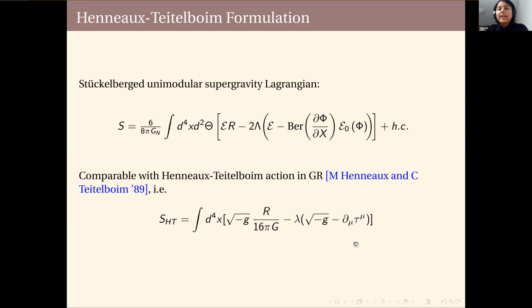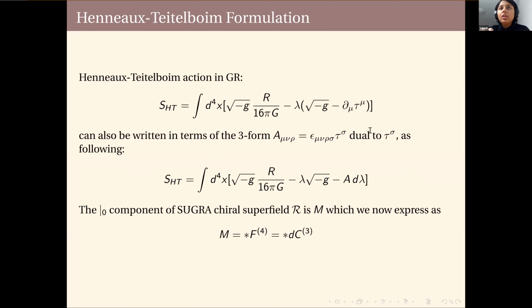The main difference is that in unimodular GR, over here you have a constant, but here you have a total derivative of a field. So we are interested in expressing the Stückelberg unimodular gravity action as the Henneaux-Teitelboim action. And I'll tell why.